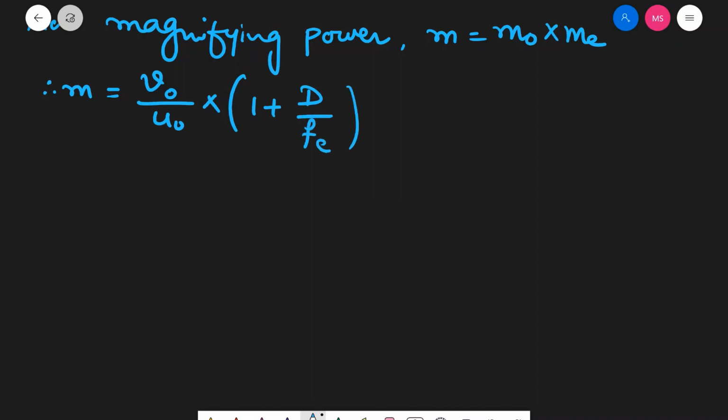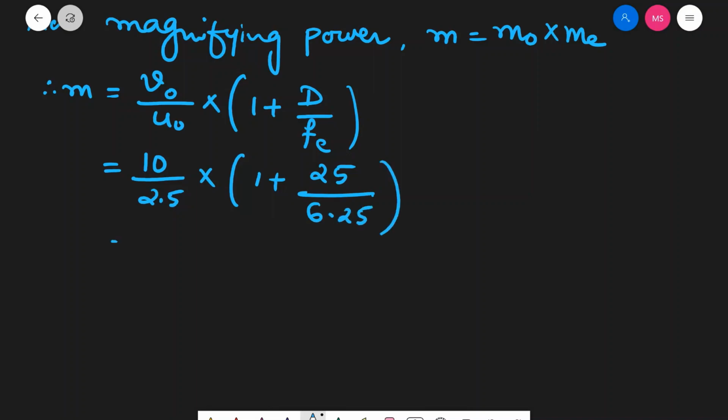Magnifying power for eyepiece will be 1 plus D by Fe. So VO we got 10 and UO is 2.5, into 1 plus D is 25 and Fe, focal length of eyepiece, is given as 6.25. So this will be equal to 4 into 1 plus 4. So this is equal to 4 into 5, or you can say that magnifying power in this case will be 20.